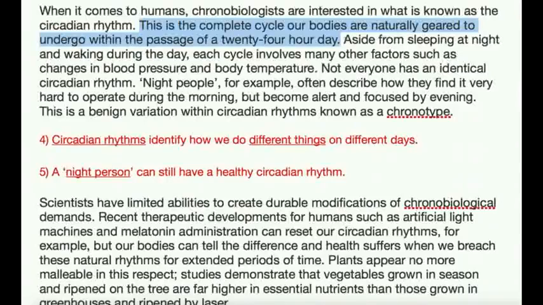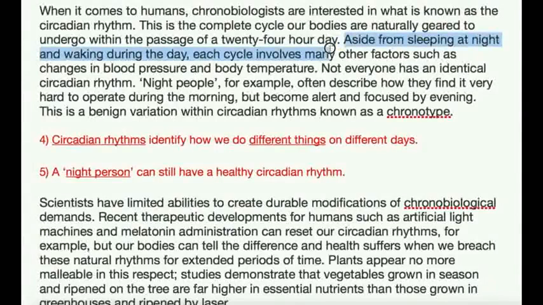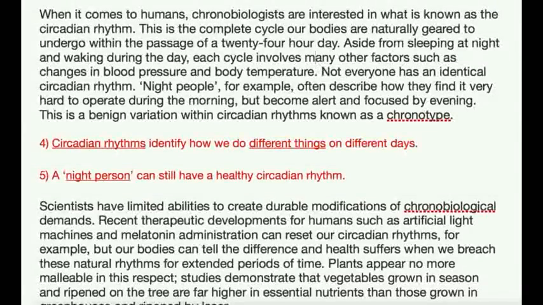We should read any more information in case this is connected. Aside from sleeping at night and walking during the day, each cycle involves many other factors such as changes in blood pressure and body temperature. Well, that's not really connected with this. Not everyone has an identical circadian rhythm. So people have different circadian rhythms.